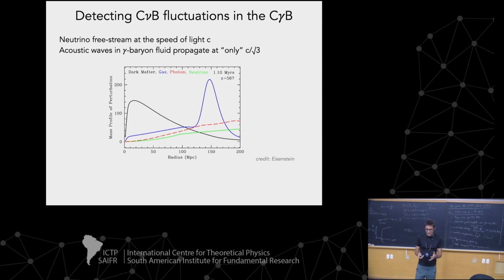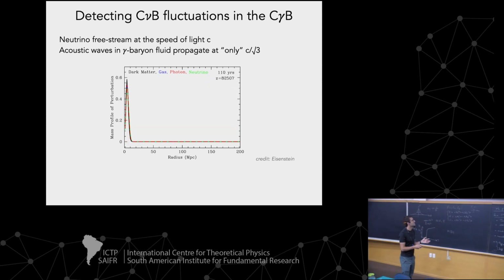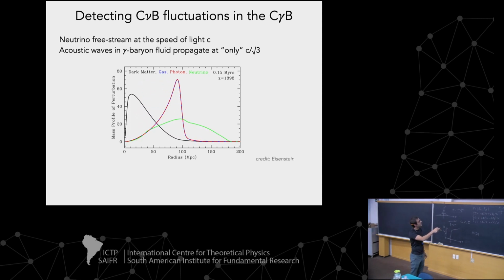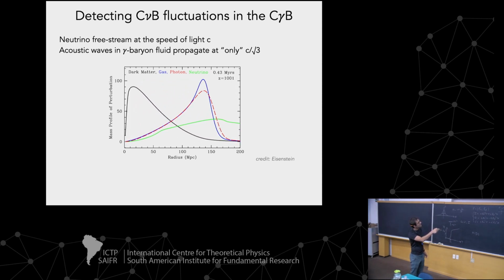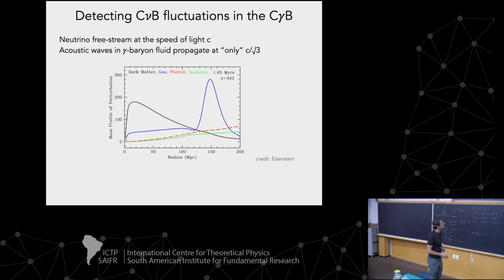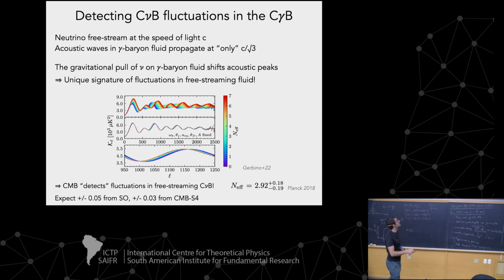And because you have this component of energy that's traveling faster than the speed of sound, very heuristically, you can think of the gravity of these neutrinos pulling the plasma waves a bit farther than it would have otherwise.